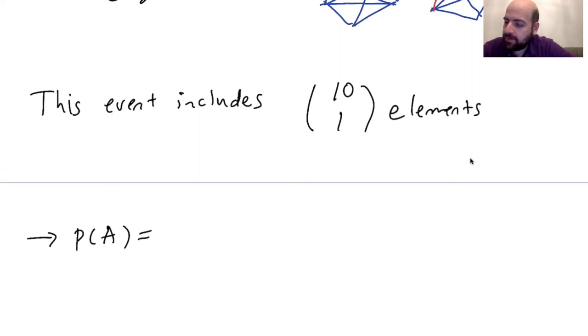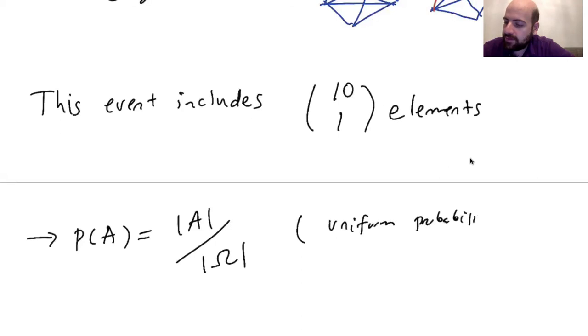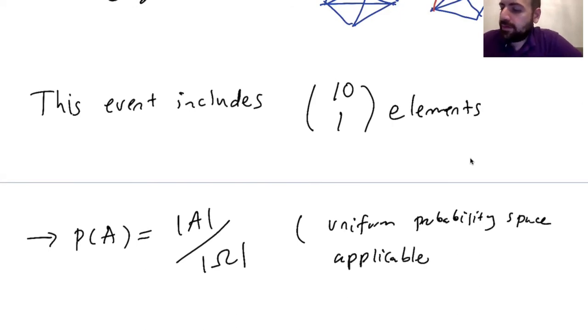over the number of elements of omega, because, of course, this is true again. We call this a uniform probability space, applicable in unbiased discrete experiments.